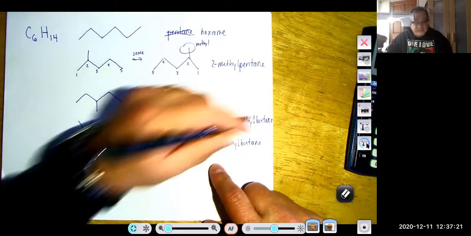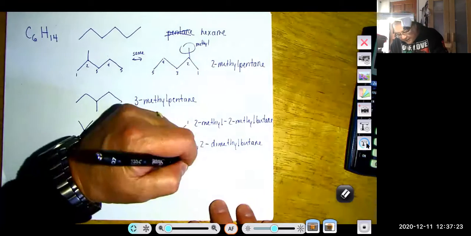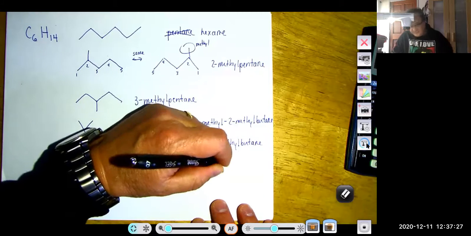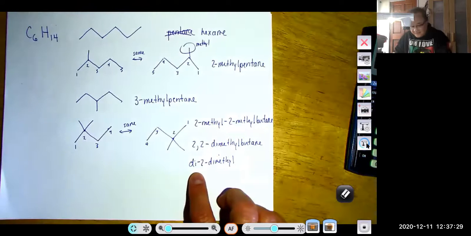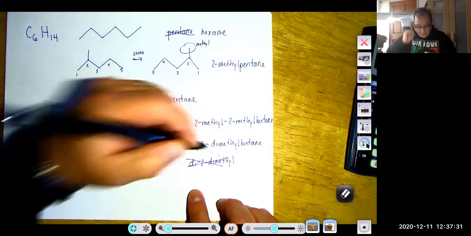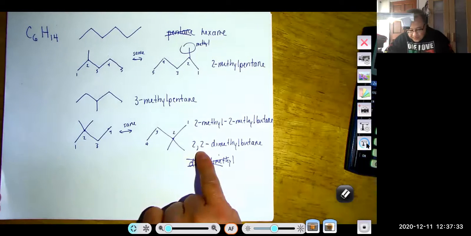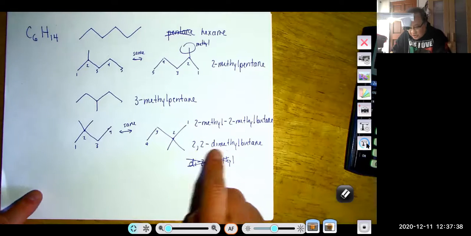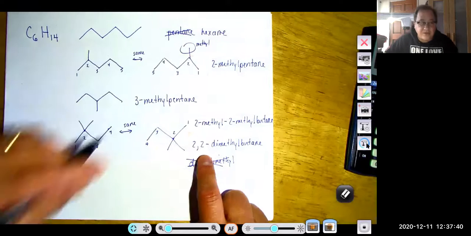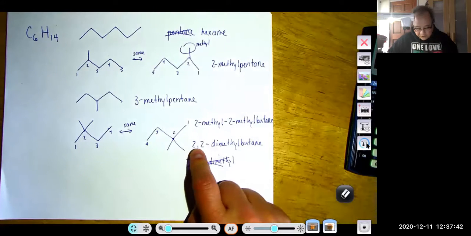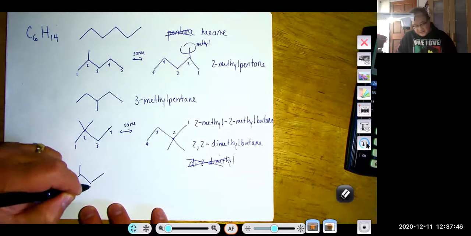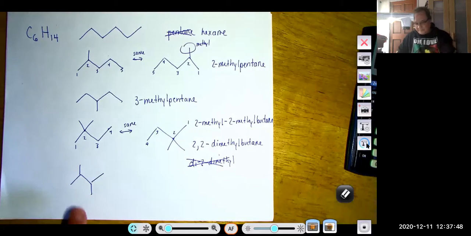And the reason we do this is because 2-dimethyl is kind of confusing, right? So we do a 2-2 because one of the methyls is on carbon 2 and the other methyl is on carbon 2. So you might ask the question, why do you have to write both 2's? Well, it turns out there's another isomer.